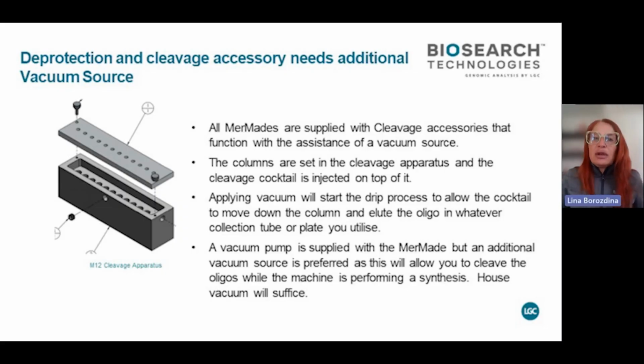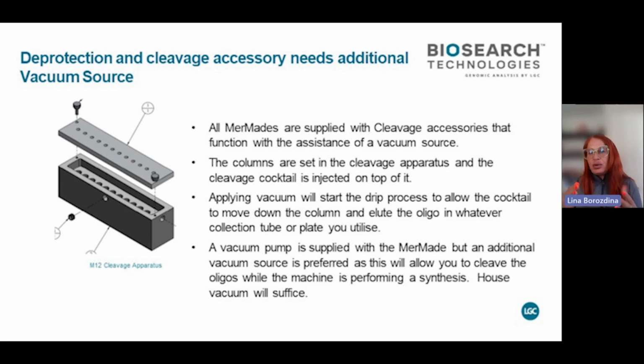For example, for the MerMade 6, 12, and 4, there's this type of contraption that we provide. You put your tubes inside the contraption, put your columns on top of it, close it, and then add a reagent that cleaves it off the glass. The LCAA linker will get cleaved, and your oligo goes into the tube below, in your ammonia or AMA, which are the deprotection solutions.